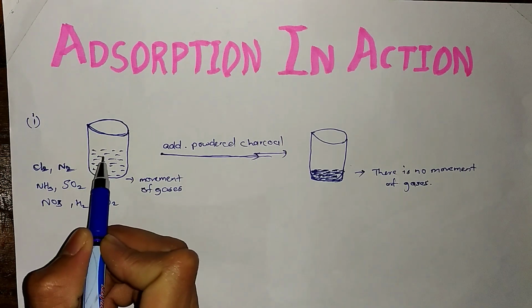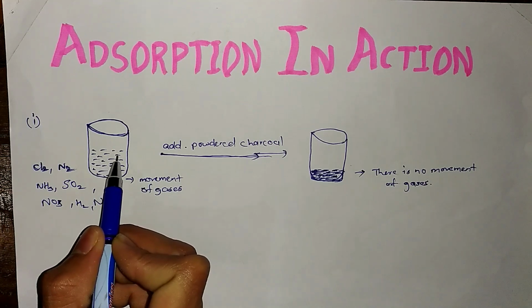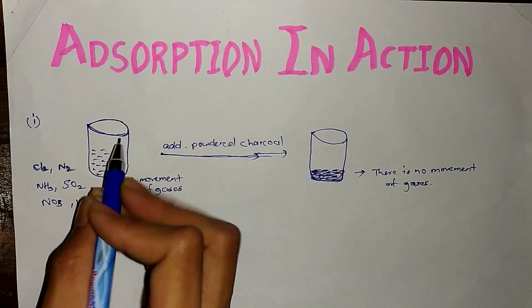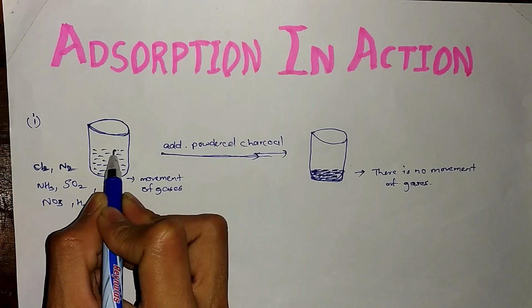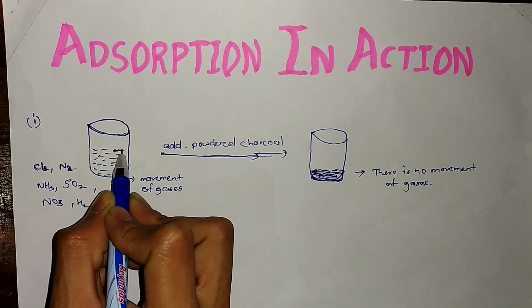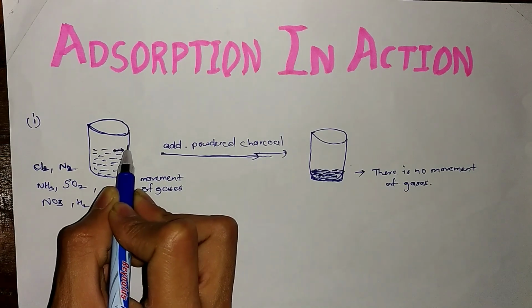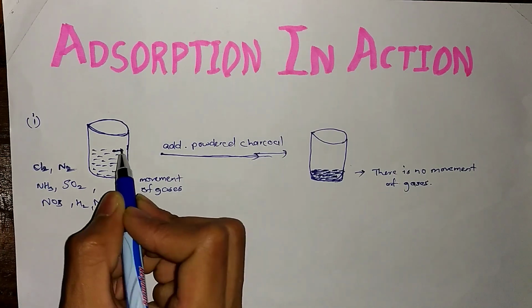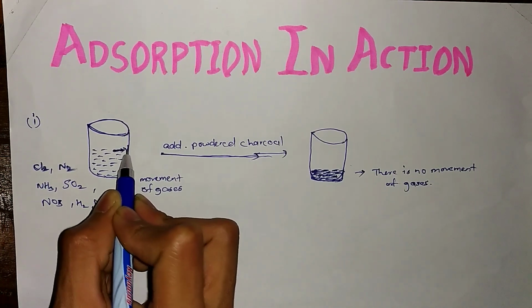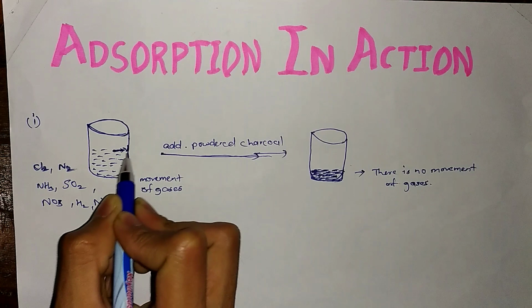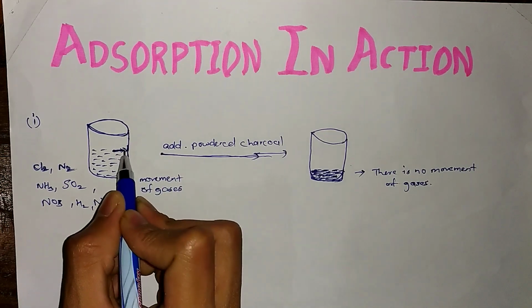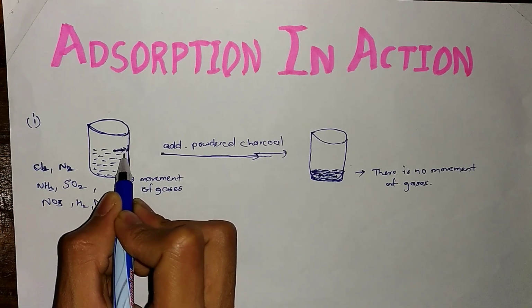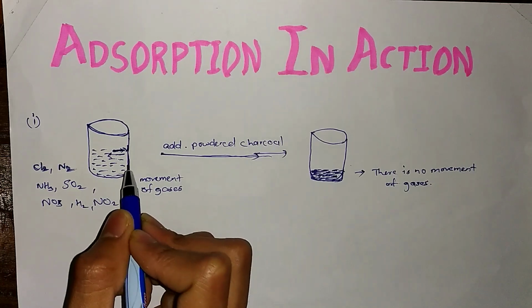If this is the gas, it will put pressure on the sides of the beaker, and the gas will move in these directions.